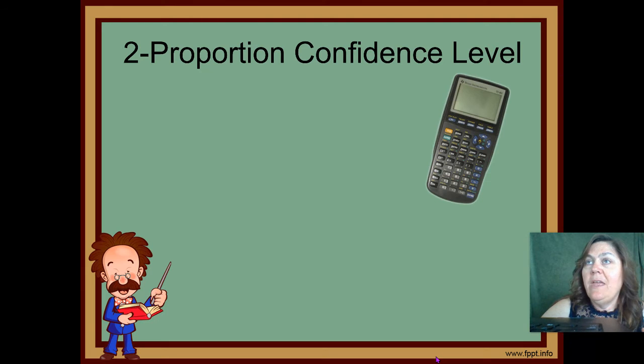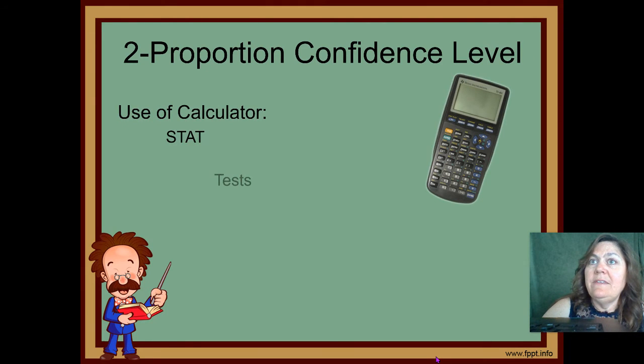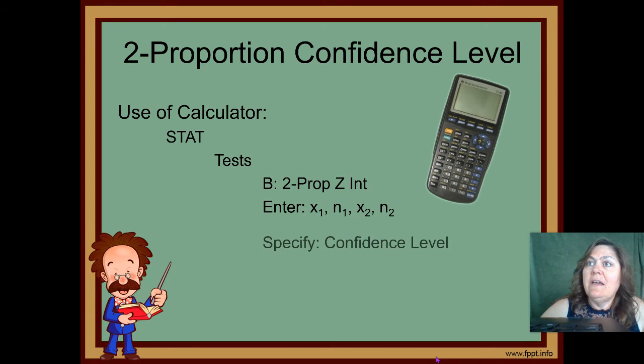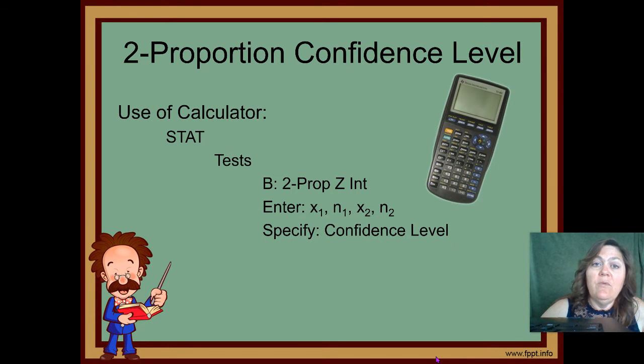Okay. But if you're doing a CI instead, calculator again, stat, tests, and now this will be a 2-PropZInt, a 2 proportion z interval. And again, you enter your x1 n1s and x2 n2s. You need to tell it what confidence level, 99, 95, 90.